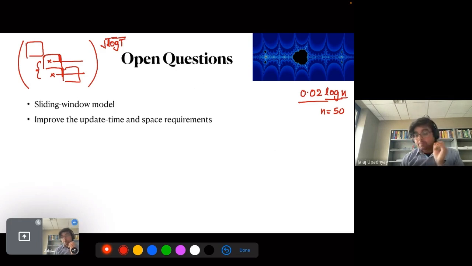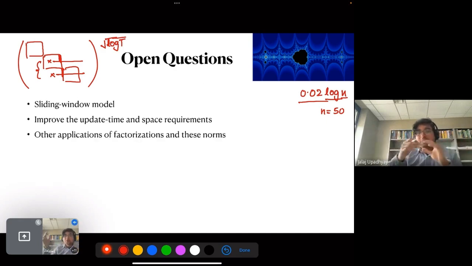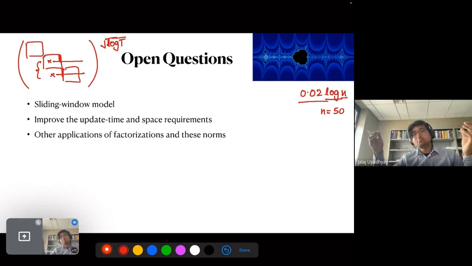Our update time and space requirement is not that good. It is amortized log n, and the binary mechanism gives me worst-case log n update time. And if I am bold enough to say, it matters in practice, because if you're thinking of high-dimensional private learning problems, your D is really large.